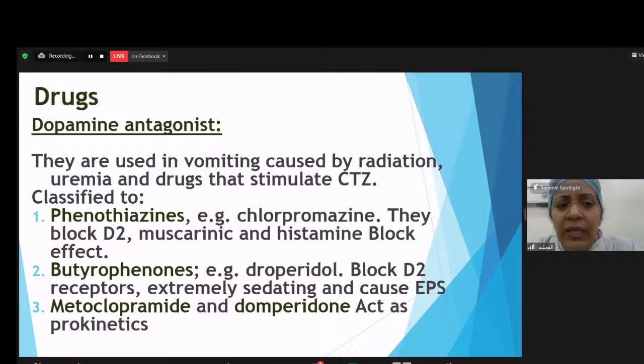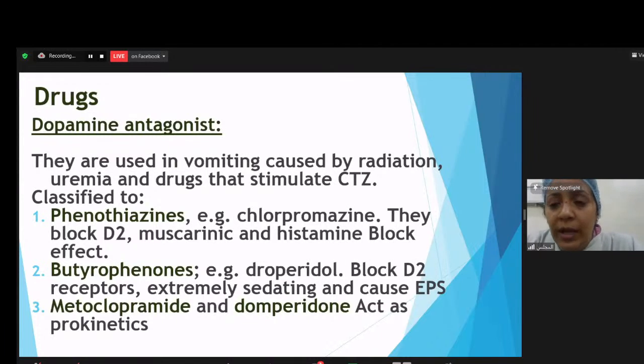The most important thing that you have to know about them is that they block dopamine. You know that dopamine and acetylcholine are found inside the brain in a balance. And this balance has an effect on behavior, and on the movement of the patient. So the problem of these drugs is that they inhibit the dopamine receptors in the brain, mainly D2 receptors.